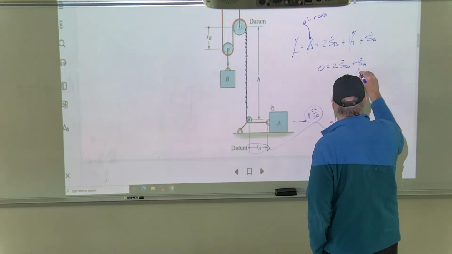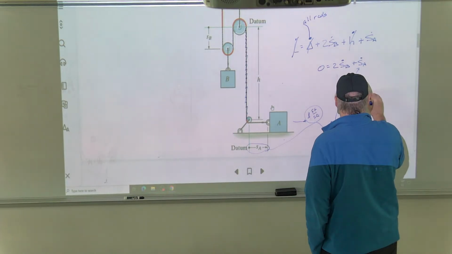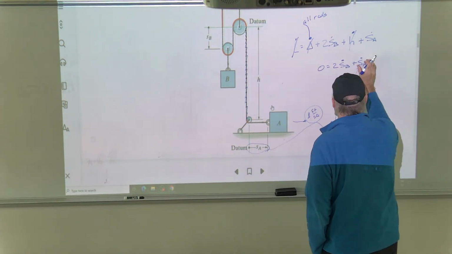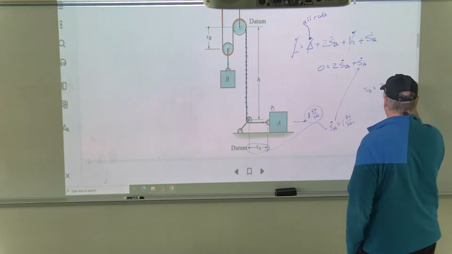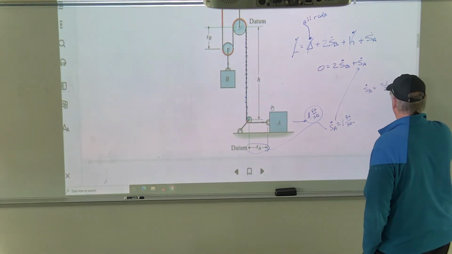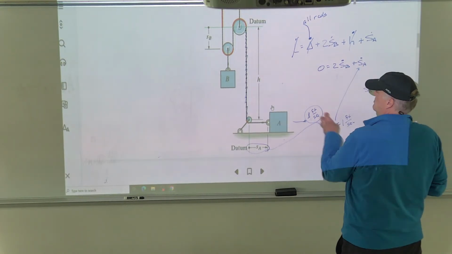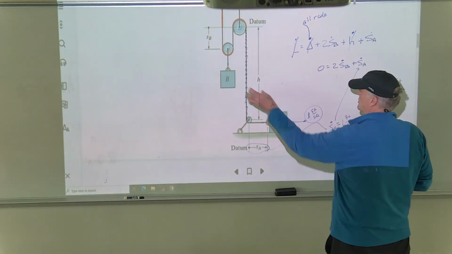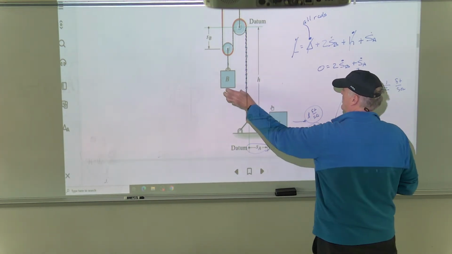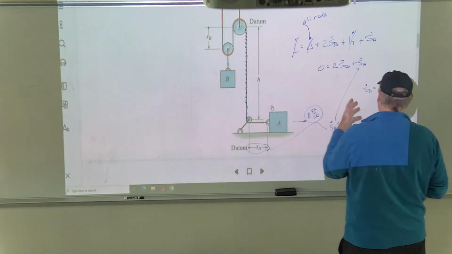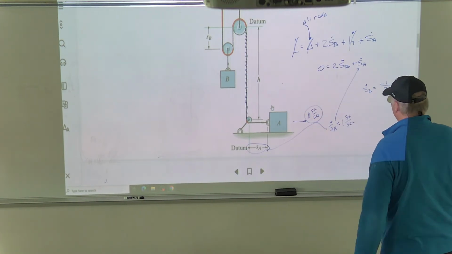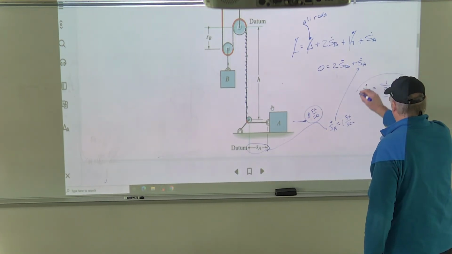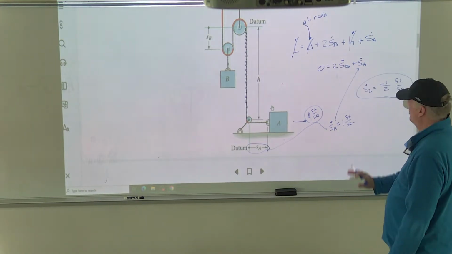You stick that in there, and then you'll get SB dot is equal to minus 1/2 feet per second. So if this moves a foot per second over, this moves a little slower, a ratio of 2 to 1 slower. So it's a half a foot per second. And that's all these things are.